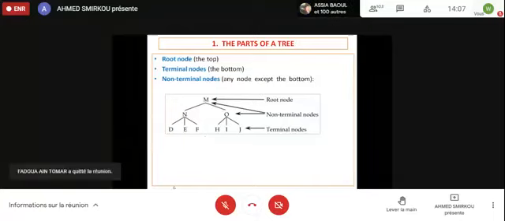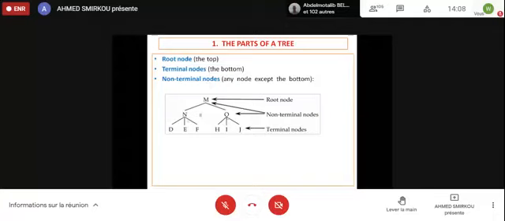Non-terminal nodes are any node that has a node below it. In this case, according to this definition, it includes O, N, and M.